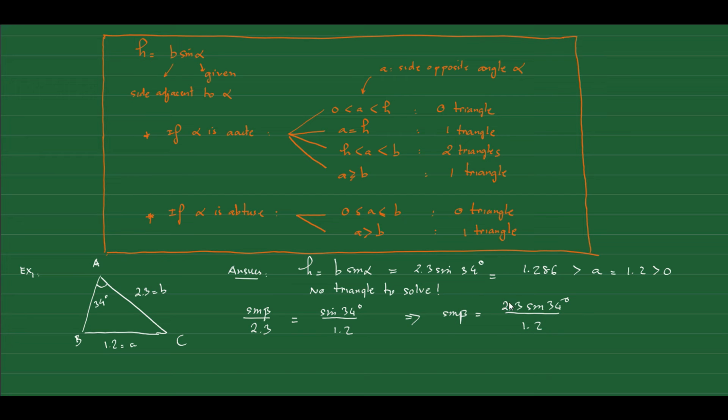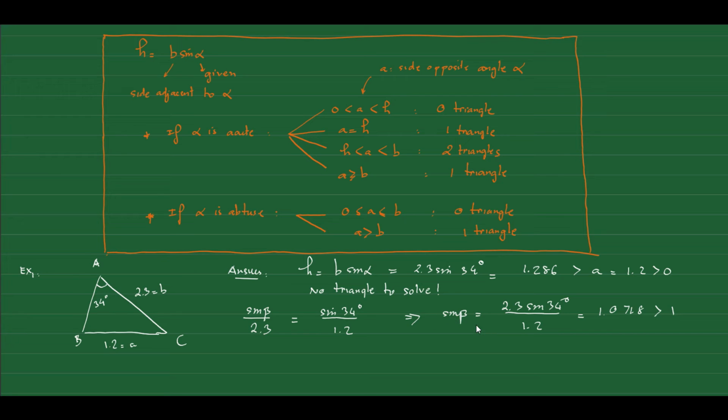When you calculate this out, it gives you 1.0718, which is greater than 1. Remember the range of the sine is between negative 1 and 1 only. The sine cannot be greater than 1. So how can we find the beta angle? There's no way we can find the beta angle.